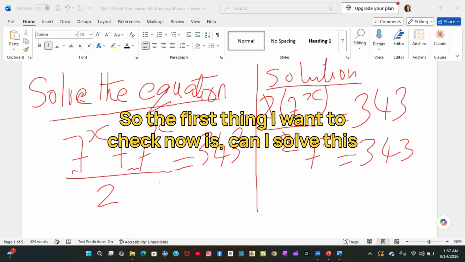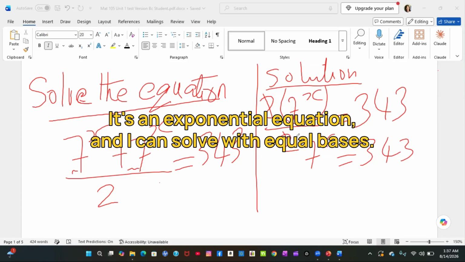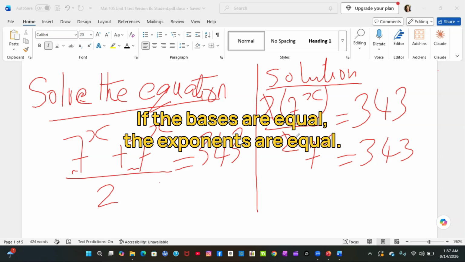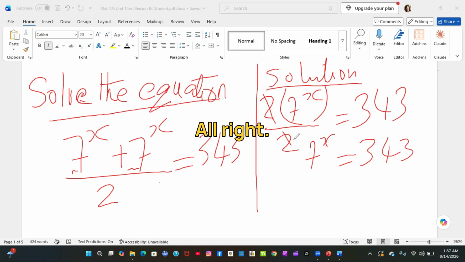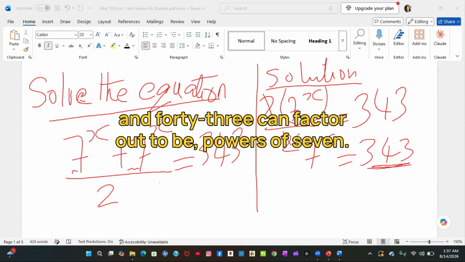The first thing I want to check now is, can I solve this equation using equal bases? It's an exponential equation, and I can solve with equal bases. If the bases are equal, the exponents are equal. So I want to see if 343 can factor out to be powers of 7.